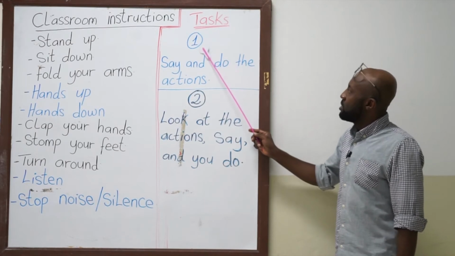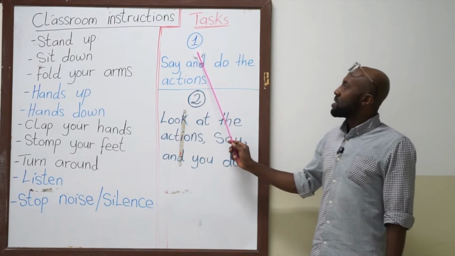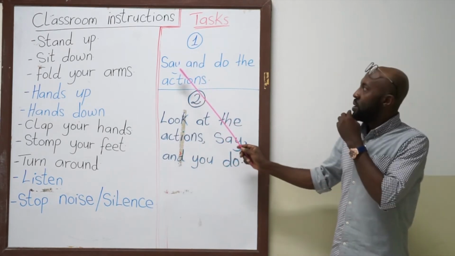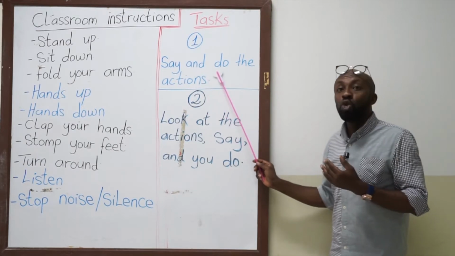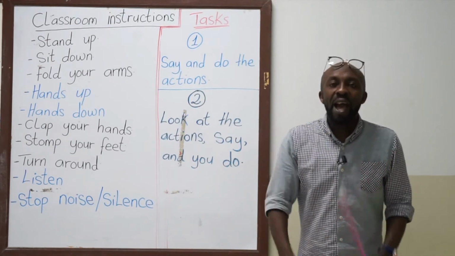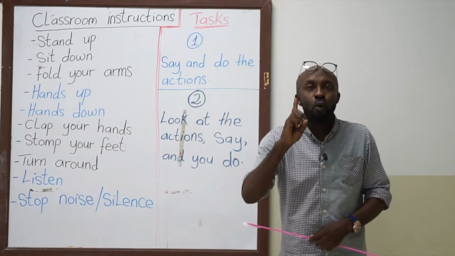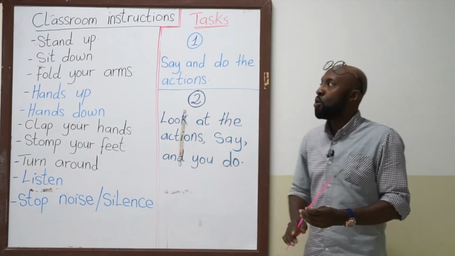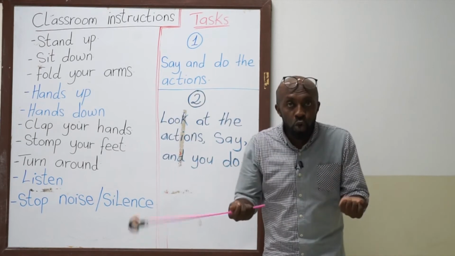Okay, so students, we have 2 tasks here. Task 1 and task 2. Task 1. Say and do the action. That is task 1. Okay? So, you say and you do.